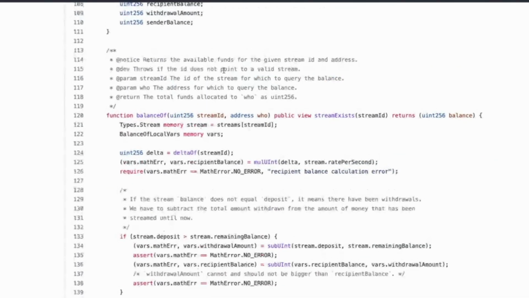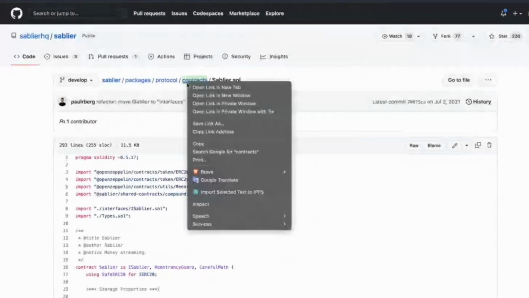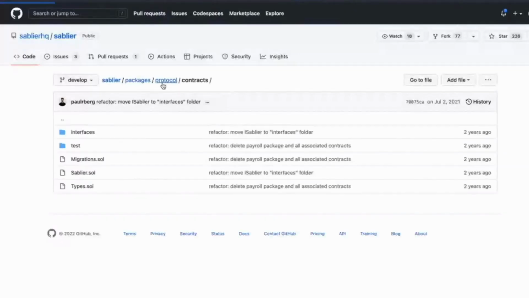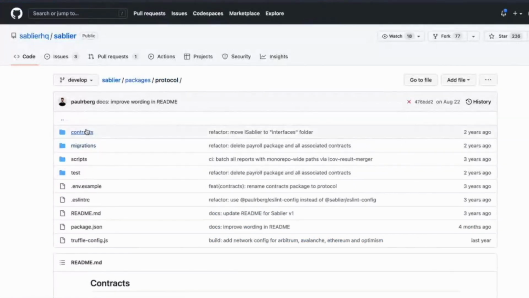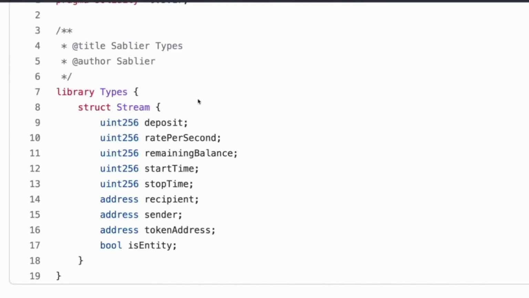Sorry, maybe you should open the stream thing in a different tab, in types. Oh, there's types. Contracts types. So deposit is your initial deposit. There's only one recipient. There's not an array. So you're right. So I'm wrong. You can't have multiple recipients for one stream.